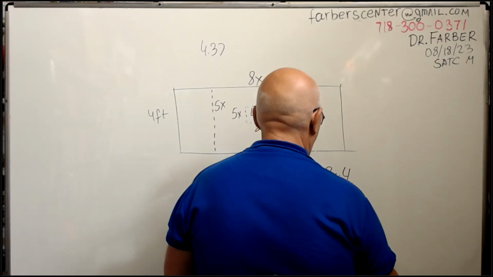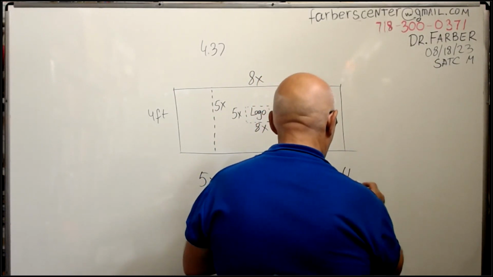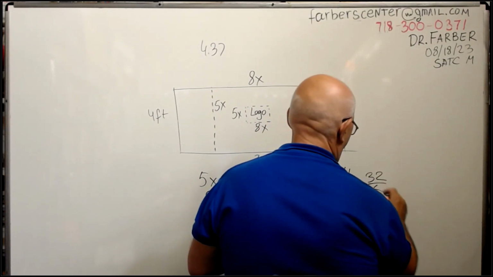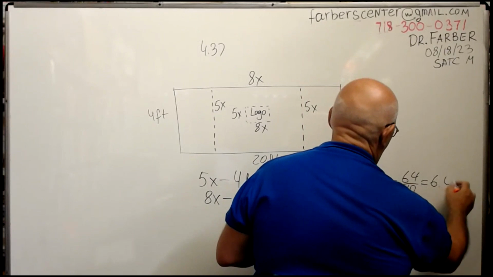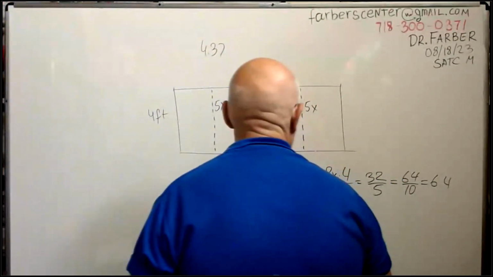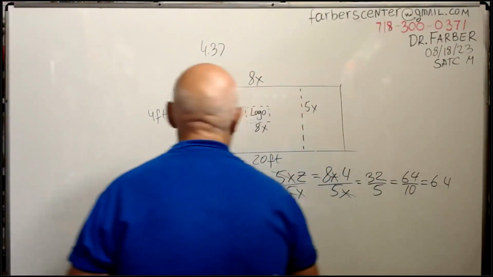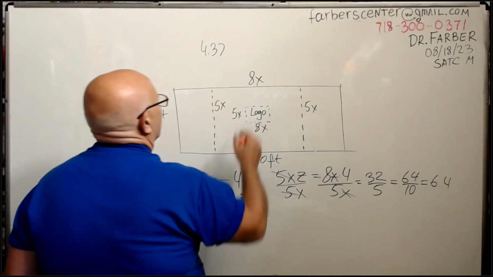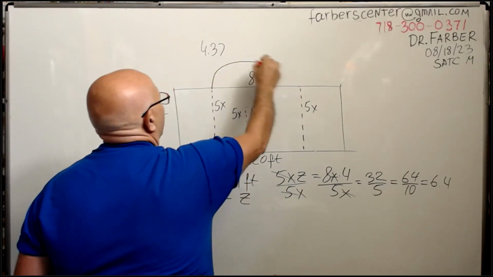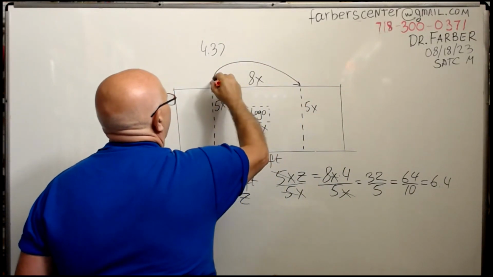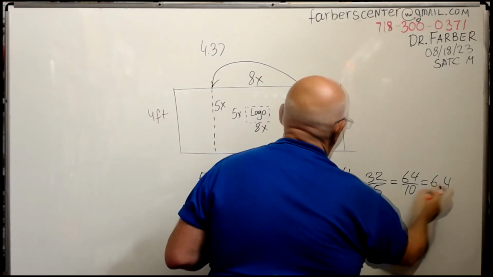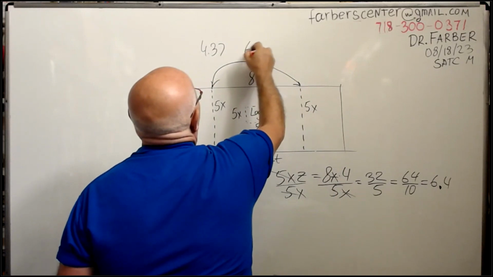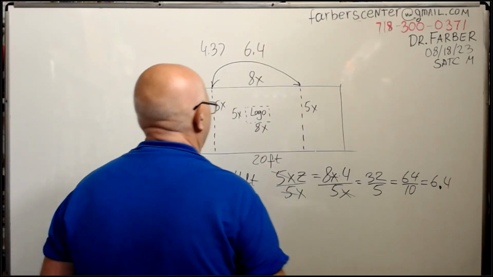It would be 32 over 5, or 64 over 10, or 6.4. This is z. So this one becomes 6.4. But there is no answer yet.